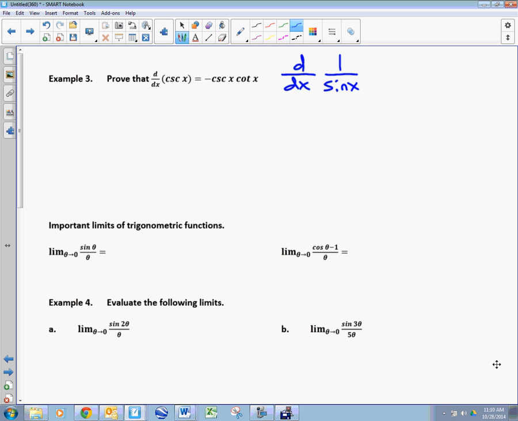Quotient rule says derivative of the top. What's the derivative of 1? 0 times the bottom. What is the derivative of the bottom? Cosine. Times the top, 1. All divided by the bottom squared, sine squared of x.